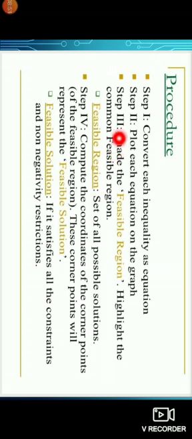Now the second step: plot each equation on the graph. That means plot the graph representing all the constraints of the problem and identify the feasible region, that means the solution space. The feasible region is the intersection of all the regions represented by the constraints of the problem, restricted to the first quadrant only.